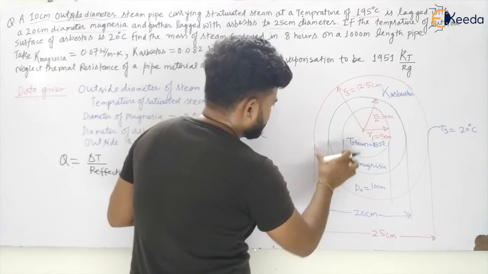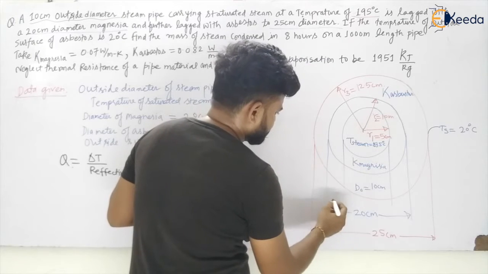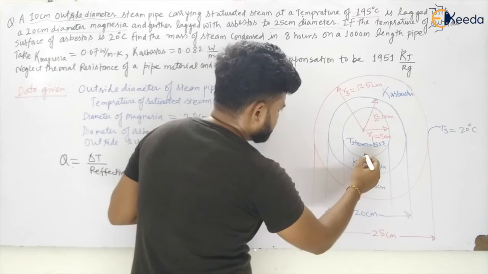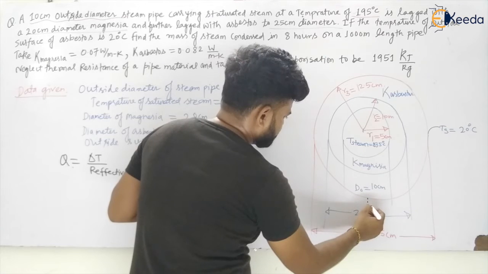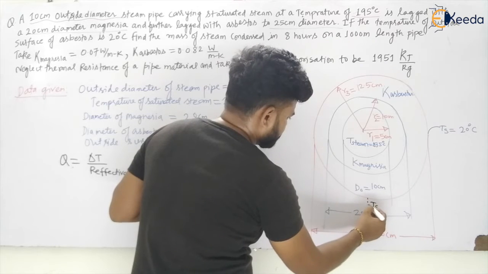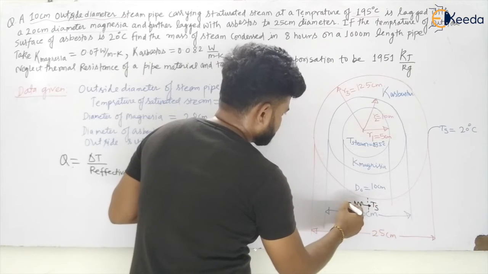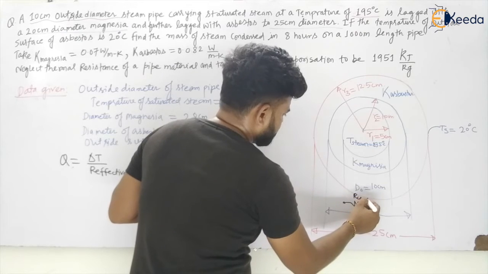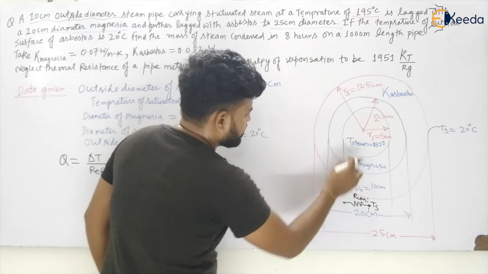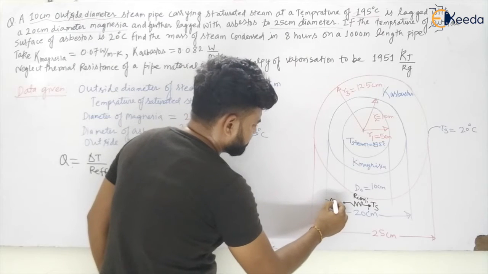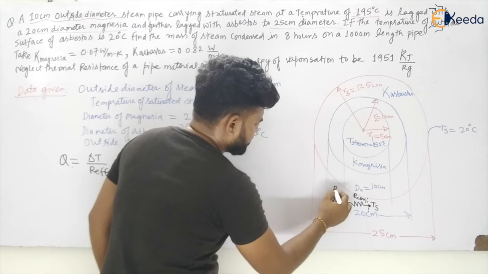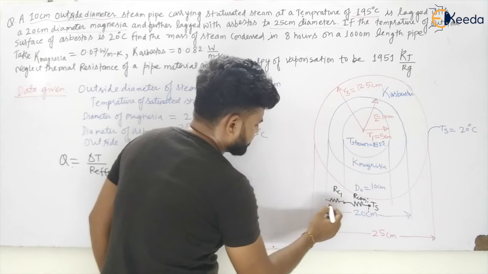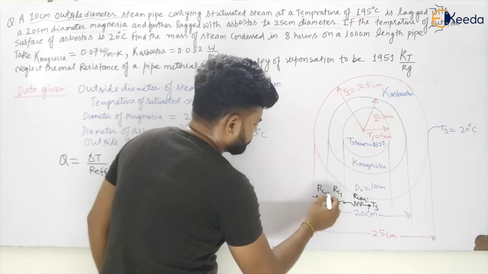There will be these insulations. Let us say from this point, that is T steam, up to R1, there will be one R convective resistance. Then there will be this resistance, RC2, R conductive 2.